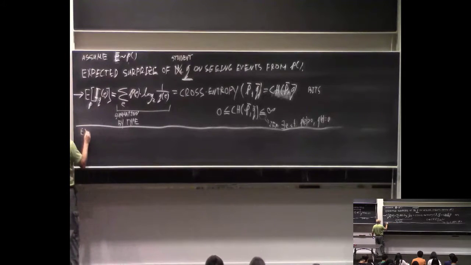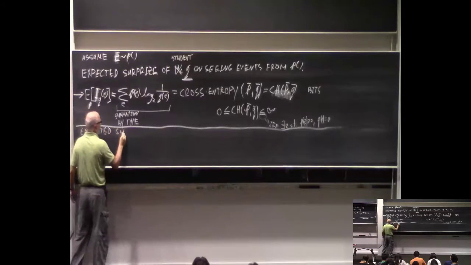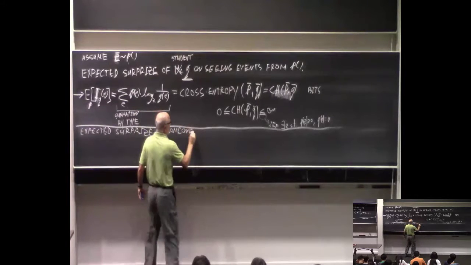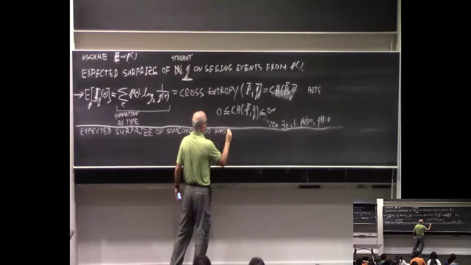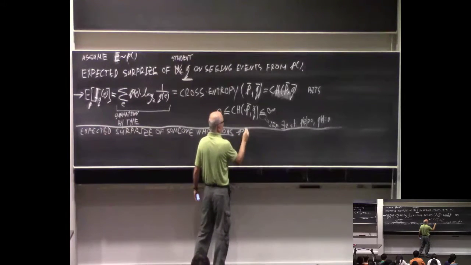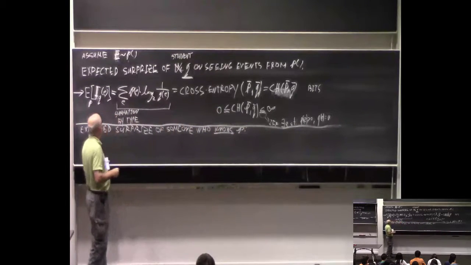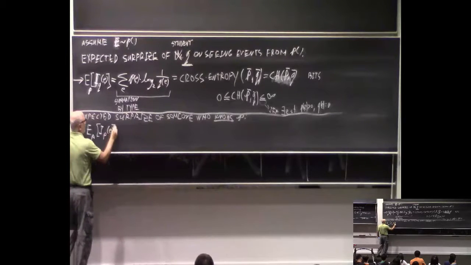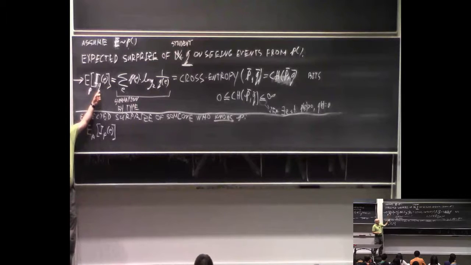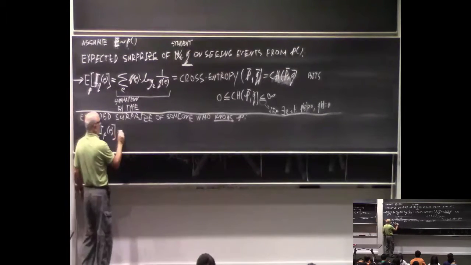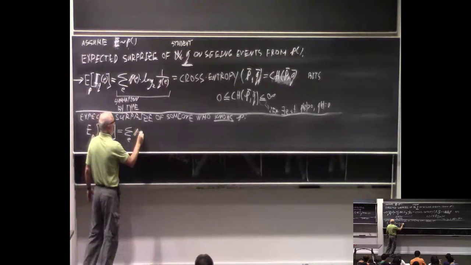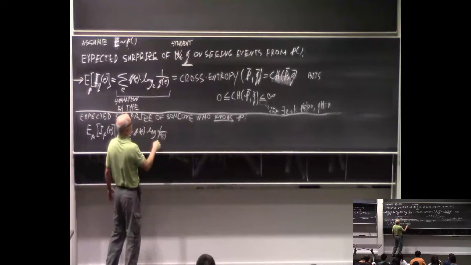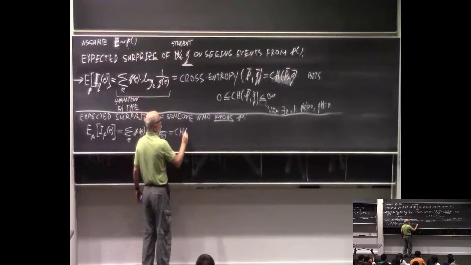So, the expected surprise of someone who knows P. That means their Q is P. This would be written as expectation according to P of the surprise according to P of E. So here we have P and Q. Here we have P and P. The sum over E of P of E times log of 1 over P of E. See, here it's Q, here it's P. This is a special case of cross-entropy from P to itself.